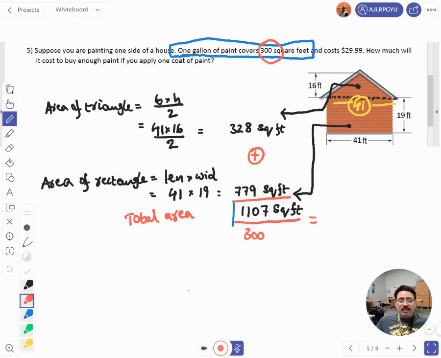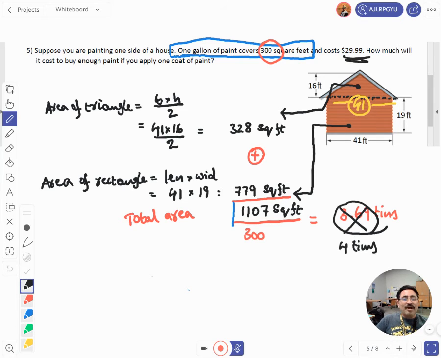Let me make use of the calculator. 1107 divided by 300 is giving me 3.69. So you need 3.69 tins. But if you go to a store and ask for 3.69 tins, they don't give. Actually 3 tins are not sufficient, so we have to go for a whole number. We need 4 tins to paint.